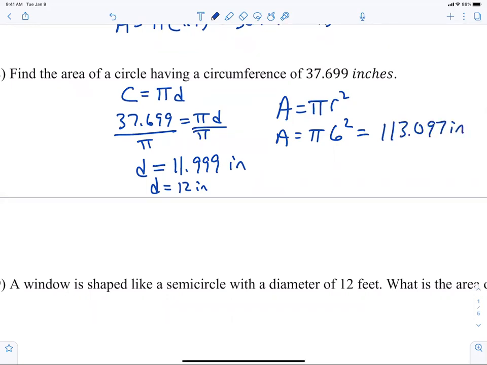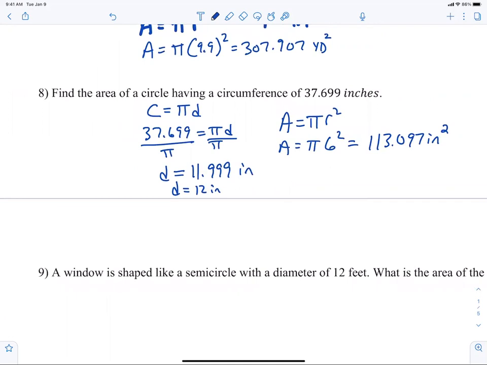What are the units? Wow. See that, Miss Pancholi? See how he called that out? Inches squared. All right. Thank you, Brennan. That was actually very good too. Very, very good.